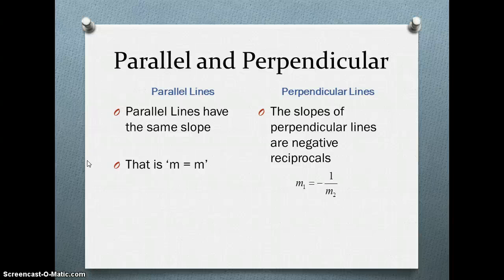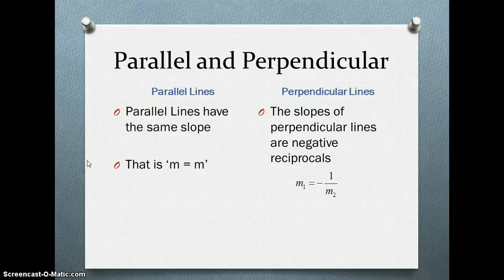Perpendicular, as we get more examples under our belts, we will be more comfortable with them, but initially it is a little more difficult to identify. But the slopes of perpendicular lines are negative reciprocals. So that means that m1 is equal to the opposite of 1 over m2.